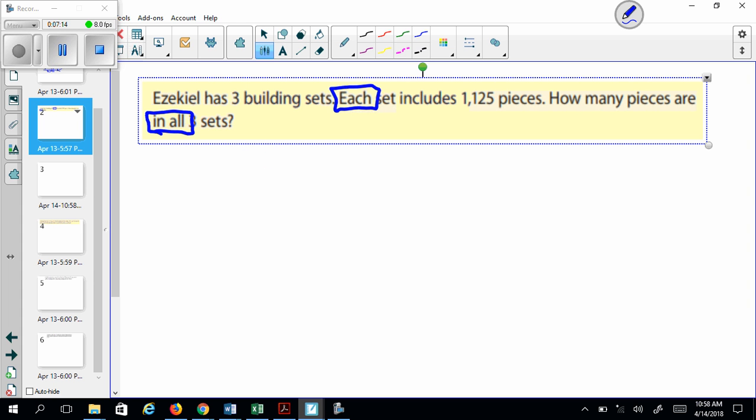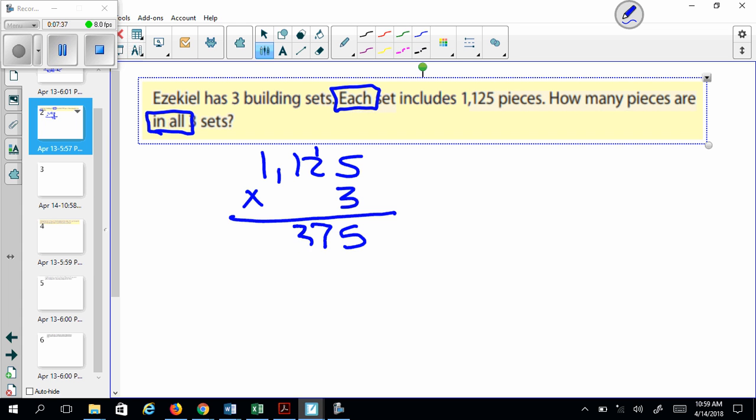So we have 1,125 being multiplied by 3. Depending upon if you did it place value or area model, that's your preference. Again, you're going to get the same answer as long as you multiply correctly. So 5 times 3 is 15, 2 times 3 is 6, plus 1 is 7, and 3 times 1 is 3, and again 3. So he has 3,375 pieces. Okay?